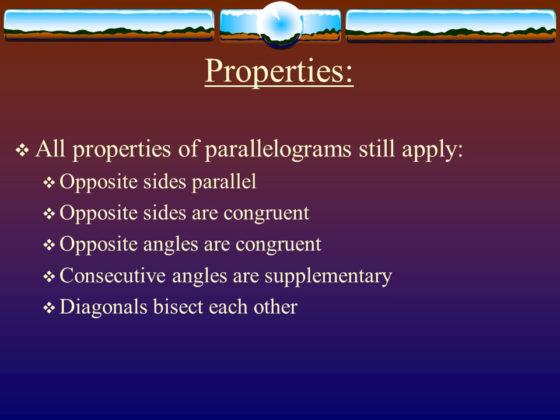So this side's parallel to this side, and this side's parallel to this side. We know opposite sides are congruent, so these two sides are congruent, these two sides are congruent. We know opposite angles are congruent. These two are congruent, these two are congruent. We know consecutive angles, so like angle Q and angle P here, must add up to be, what's supplementary mean again? Two angles that add up to 180.